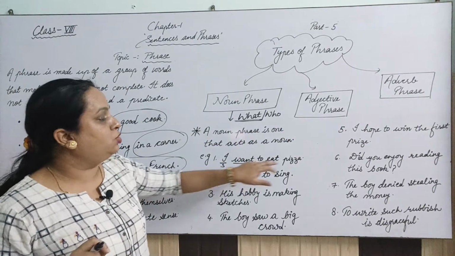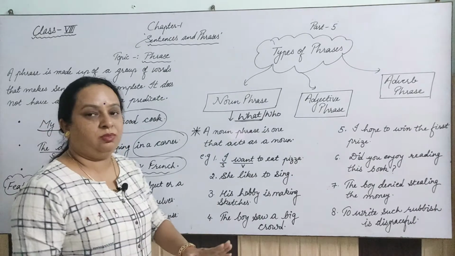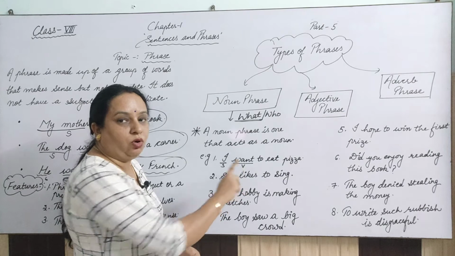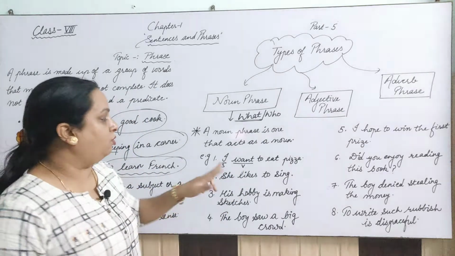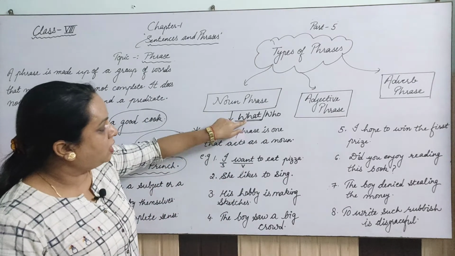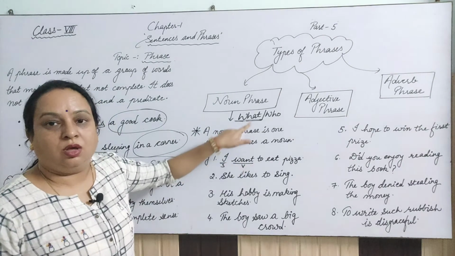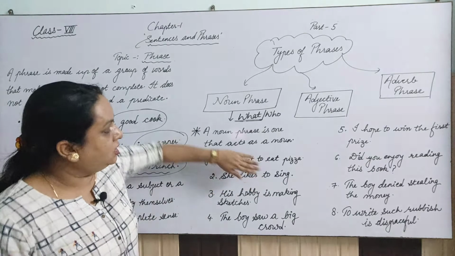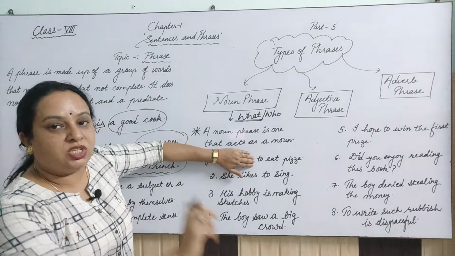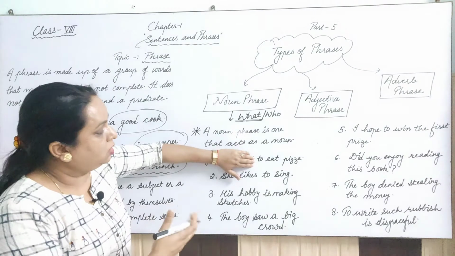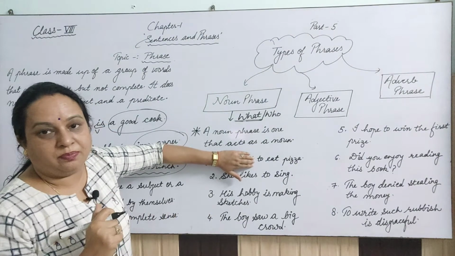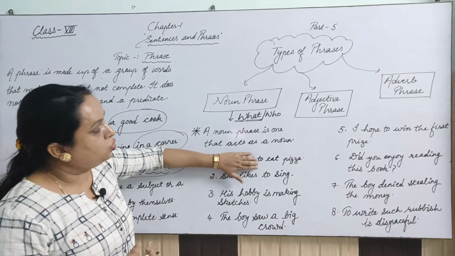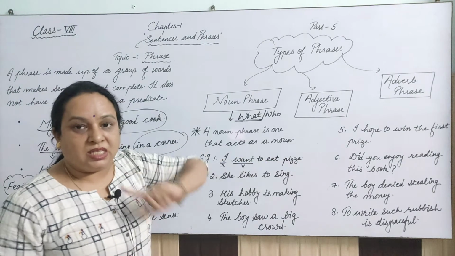So, I want to eat pizza. You have to frame the question with the words which are not part of the phrase, that is I and want, subject and verb. So here you will ask, what I want? And the answer you will get in the part which is to eat pizza, which is not included in the subject and verb. Listen once again.